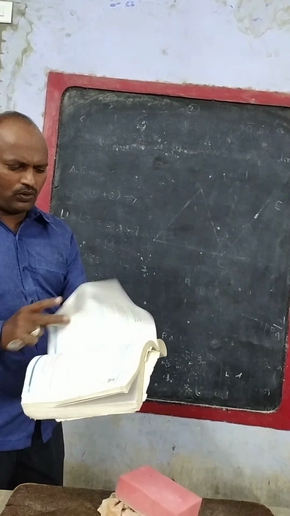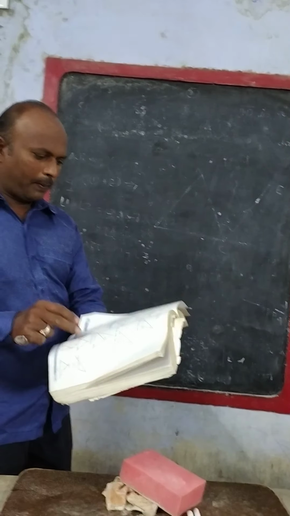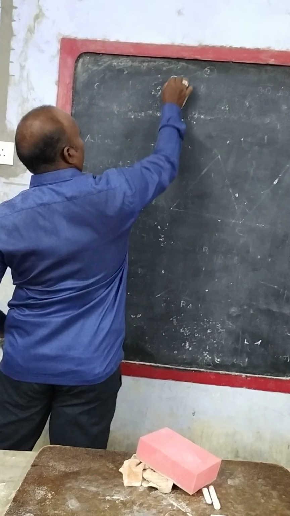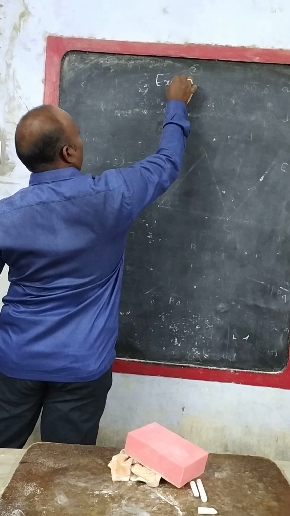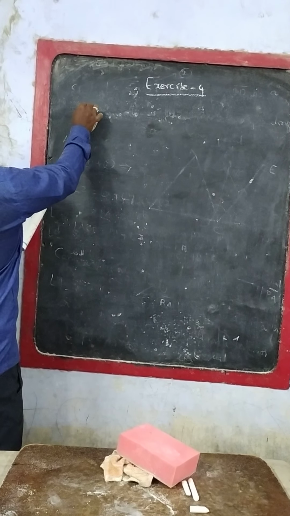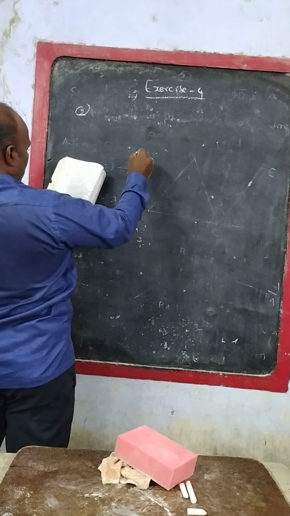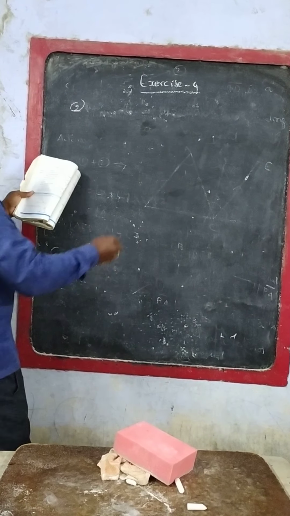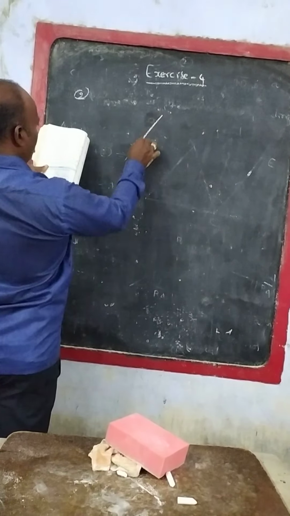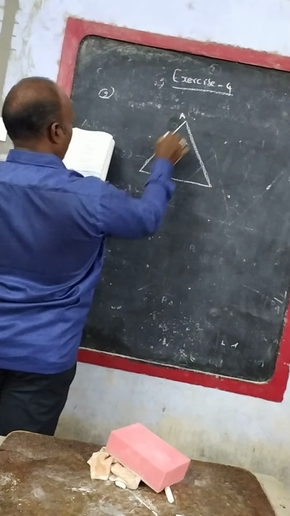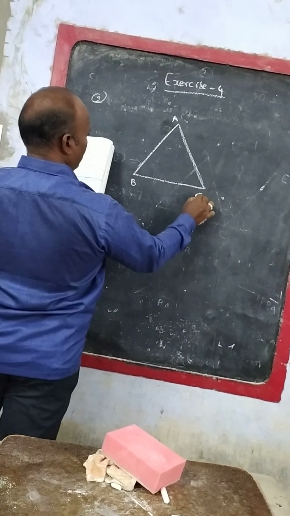In exercise 4, second sum. For triangle ABC, find the measure of angle ACD. This is triangle ABC.